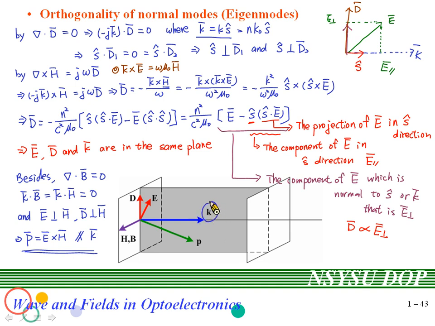K here is the direction of the wave. P is the direction of the power. So, as we know, in an isotropic medium, in a simple medium, the power direction is the same as the wave direction. But remember that in an anisotropic medium, the power direction may not be the same as the direction of the wave.